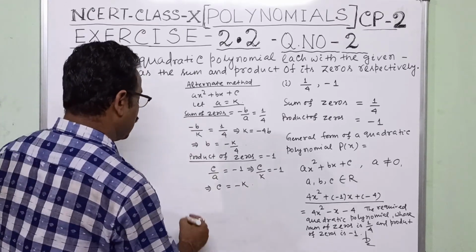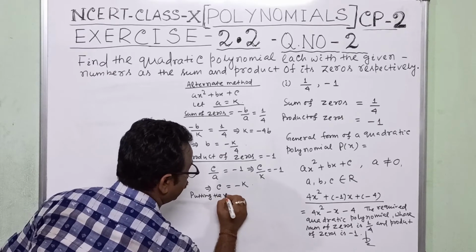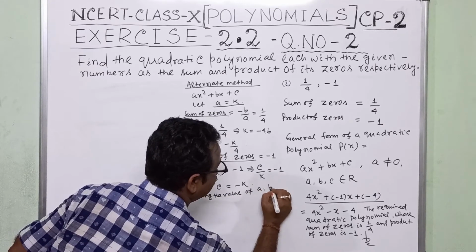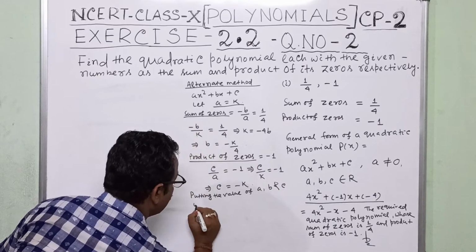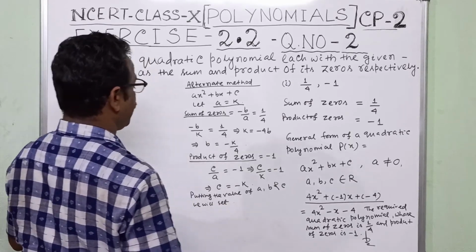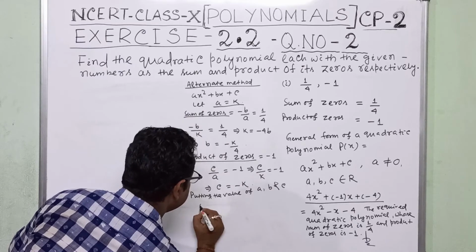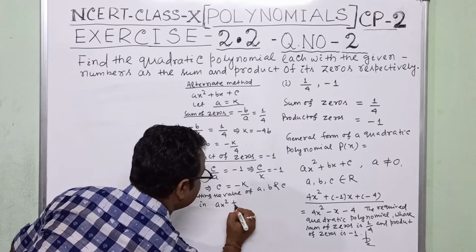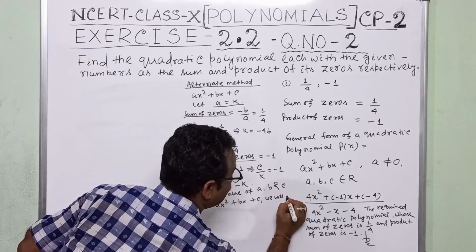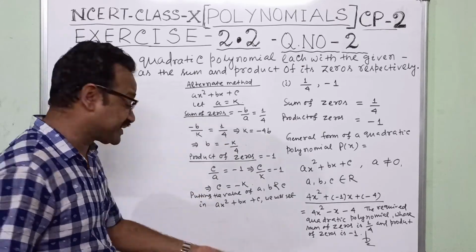Now putting the values of a, b and c in ax square plus bx plus c, we will get what?